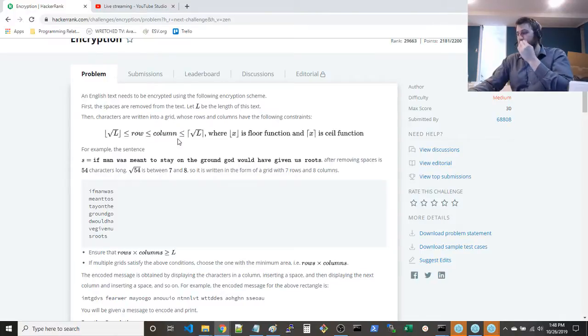So if it's not a perfect square, you're going to need n by n plus 1, or n plus 1 squared, where n is the floor of the square root of L. And is it possible that the floor of the square root of L times the quantity squared plus the floor of the square root of L is less than L? Think about that for a second here.